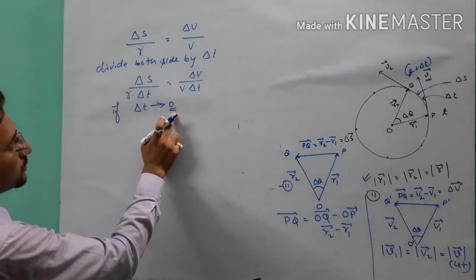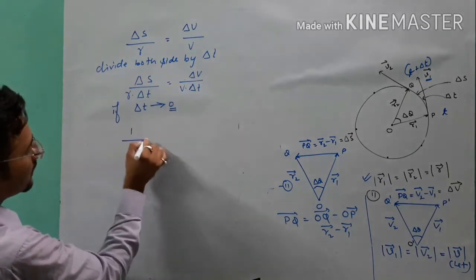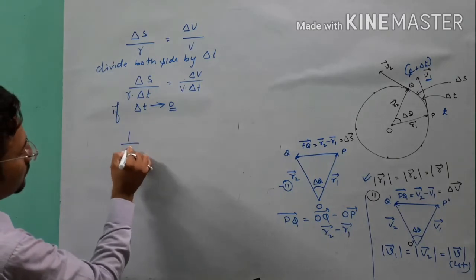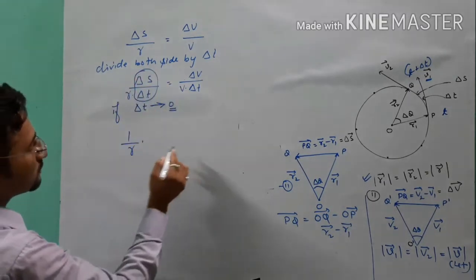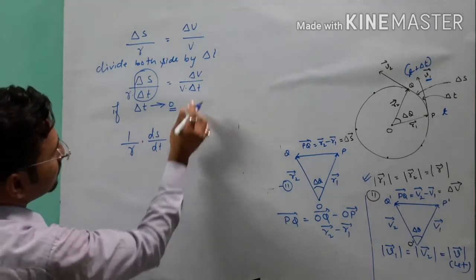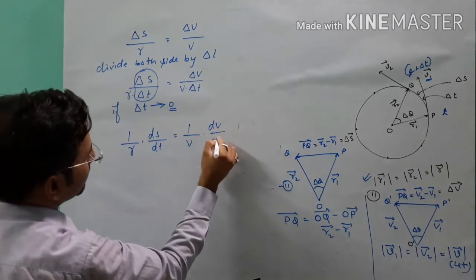If delta t tends to 0, then the limiting value of this and the limiting value of this you can represent by the derivative. 1 upon r into ds over dt, and this will also transform into dv over dt.